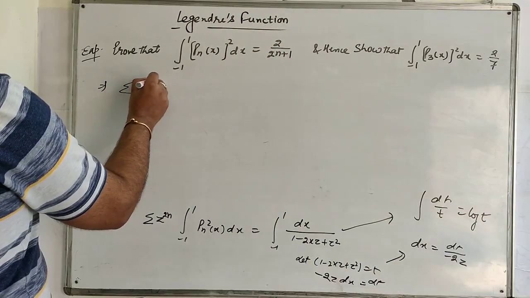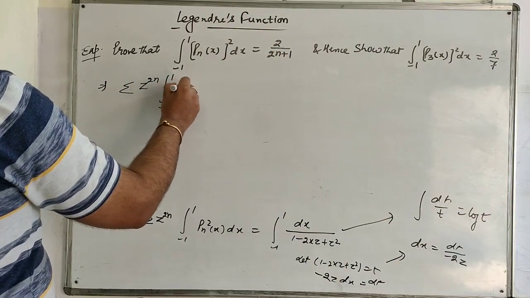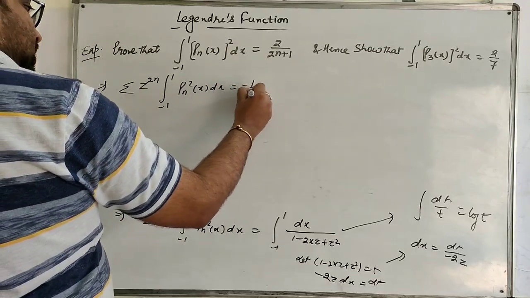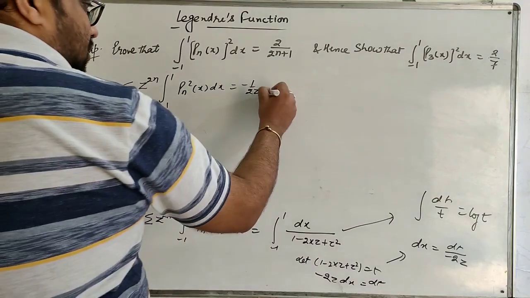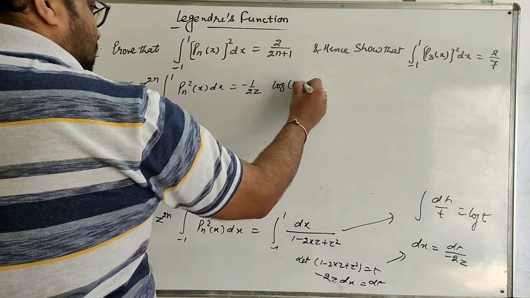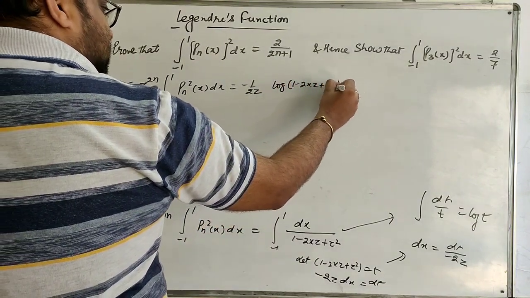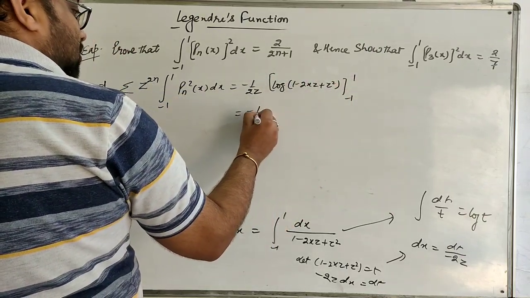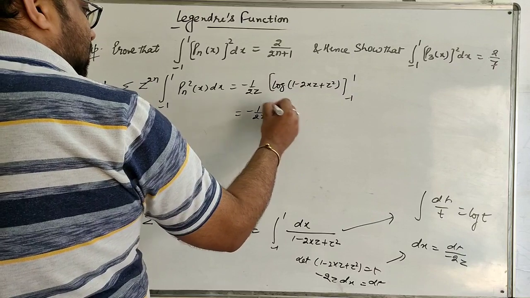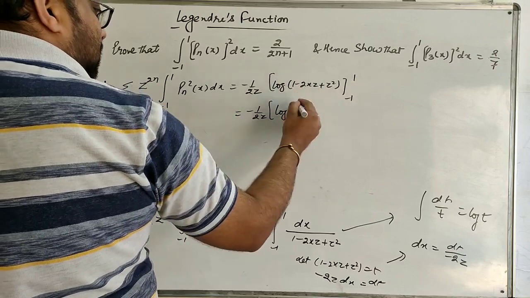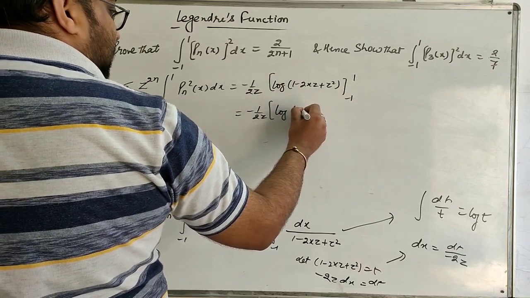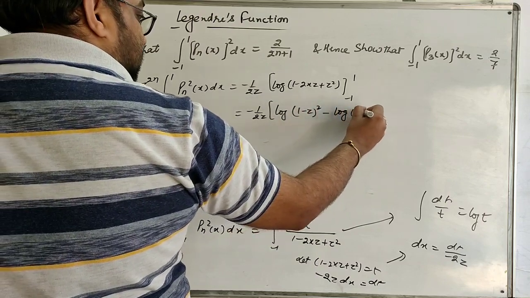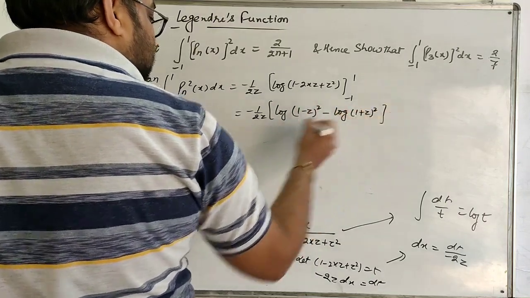Sigma z raised to power 2n integral from minus 1 to 1 of Pn square (x) dx is equal to minus 1 upon 2z log (1 minus 2xz plus z square) under the limit minus 1 to 1, or minus 1 upon 2z log. When we put 1, this will convert into (1 minus z) whole square, and when we put minus 1 this will convert into (1 plus z) whole square.